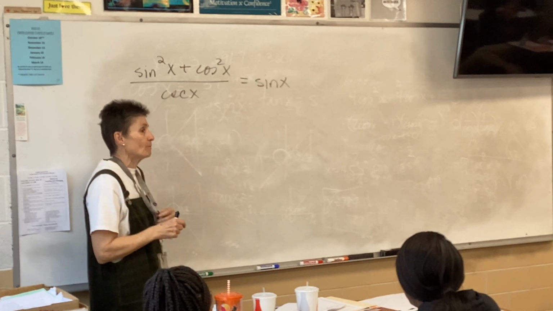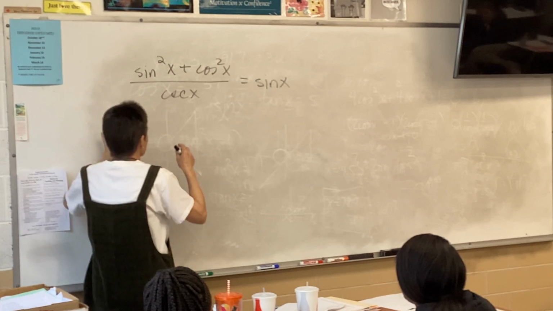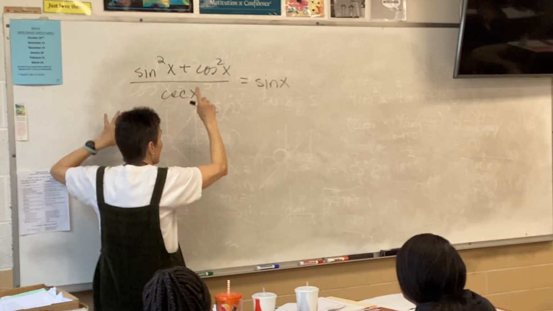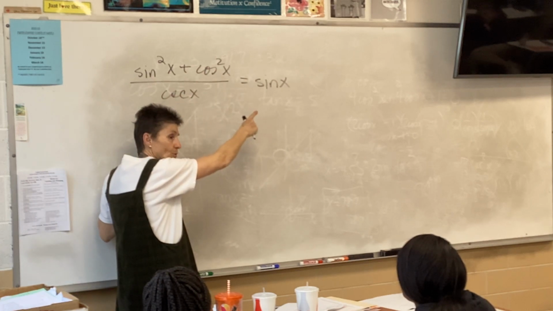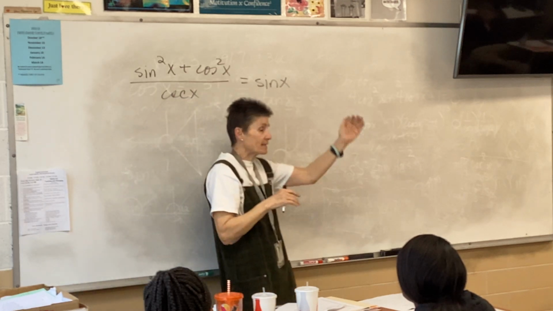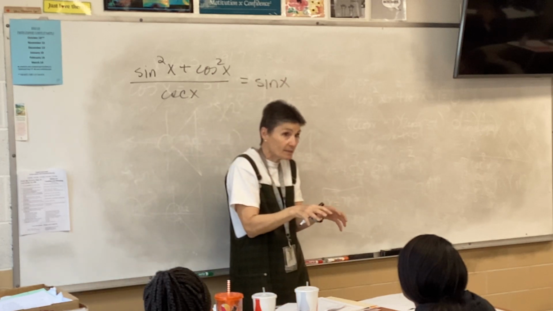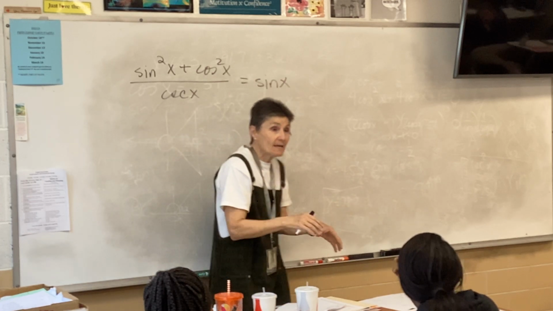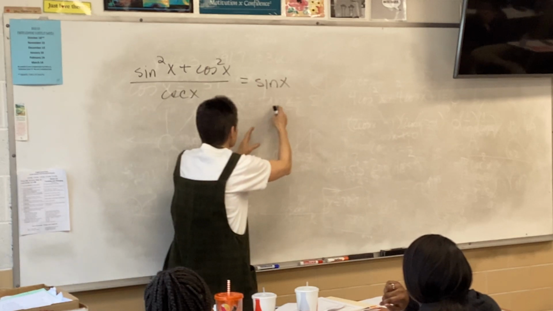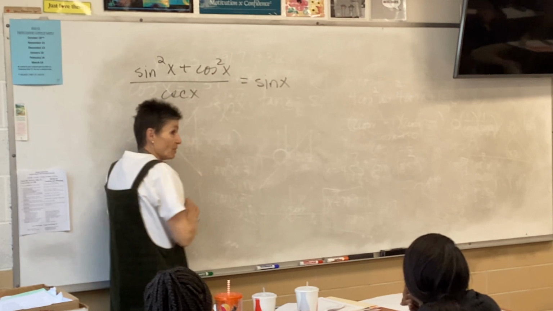Here's our job: to mess around with this and change it into that. Remember how in geometry you had the given and the to-prove, and you started with the given and ultimately, hopefully, ended up with the to-prove? This is your given, this is your to-prove. So I'm going to see what I can do with this to end up with that.